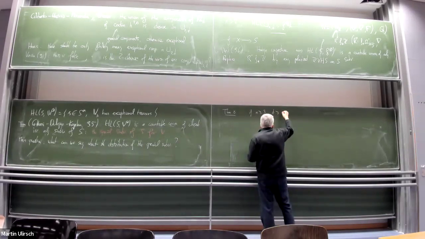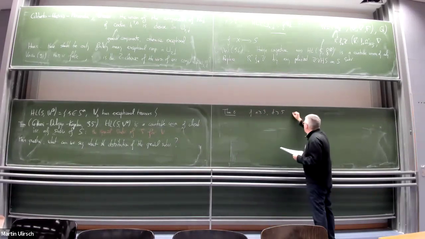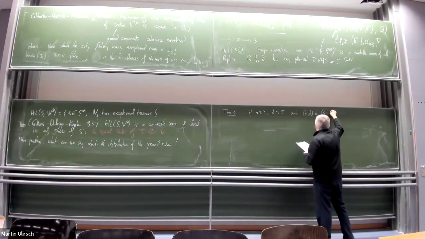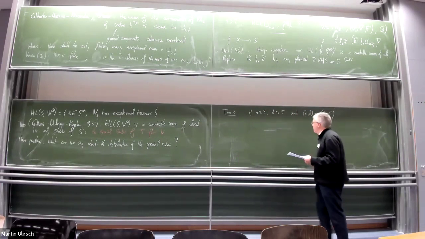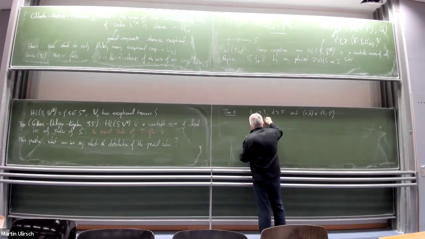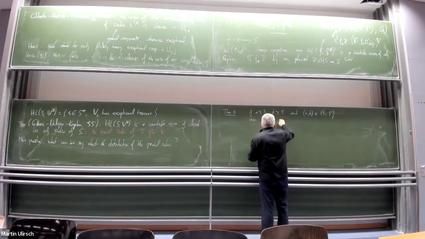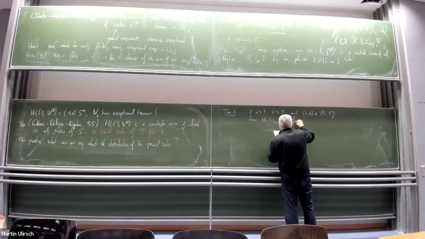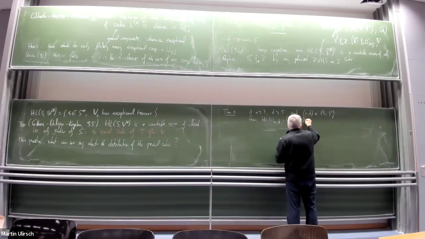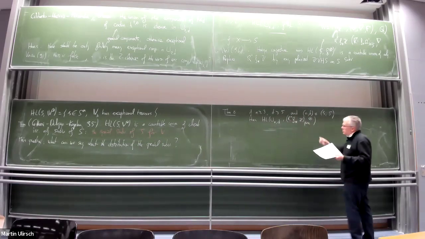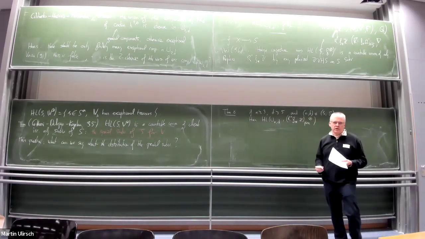If n is larger than 3 and d is at least 5, then the Hodge locus of the smooth hypersurfaces of degree d in P^{n+1}, for the primitive cohomology in middle dimension, is, as we know, a countable union of algebraic varieties.